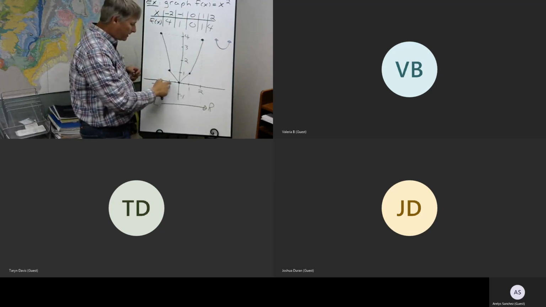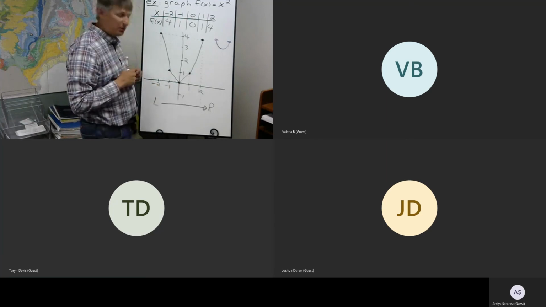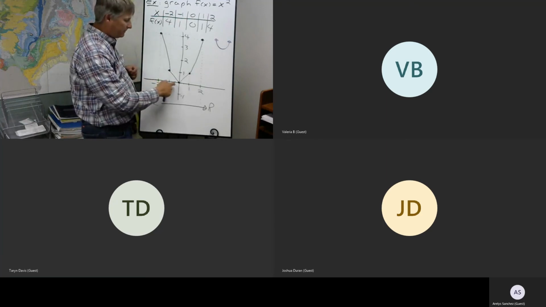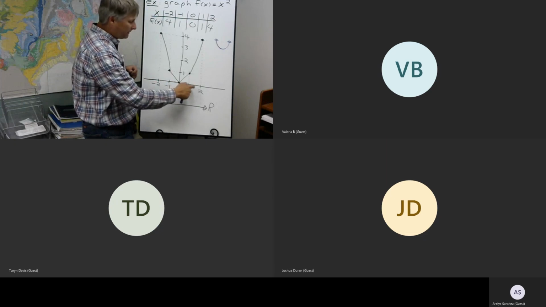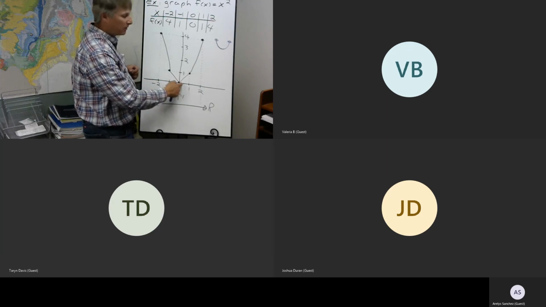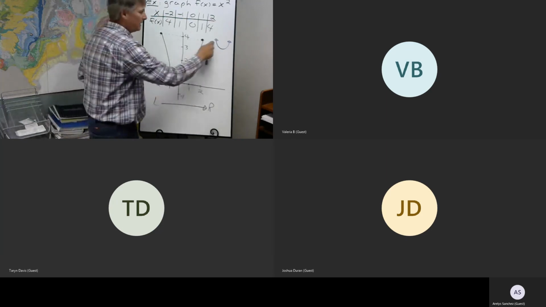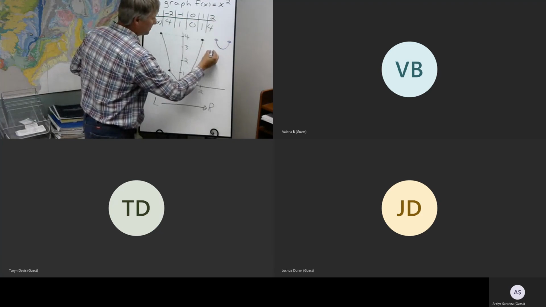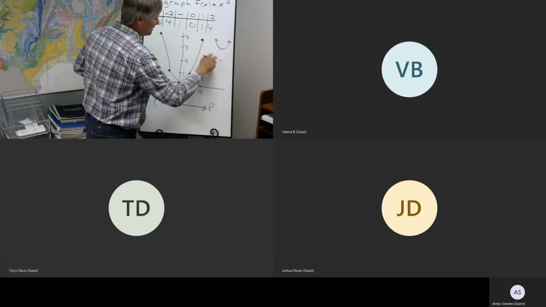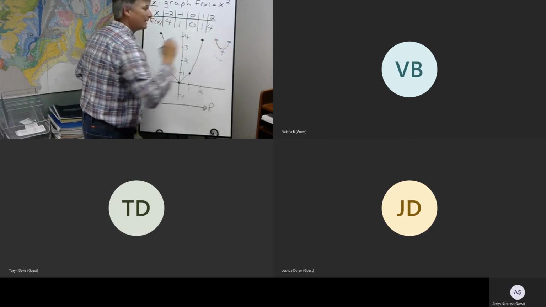If we had more inputs in between the inputs that we chose, like -1.5, -0.5, 0.5, 1.5, maybe -3, 1 3/4, 1/4. If we pick more and more inputs and connect all the points, this gets smoother and smoother and smoother. And then we connect these dots, we're going to get that up there.